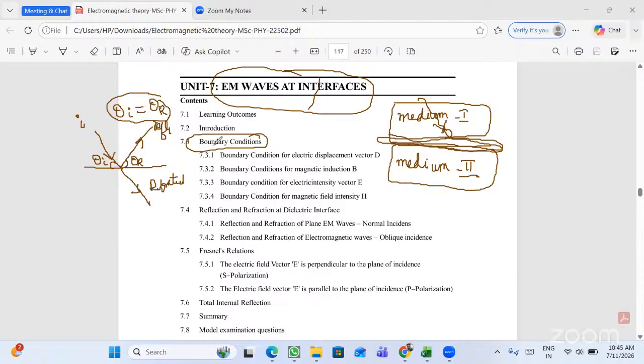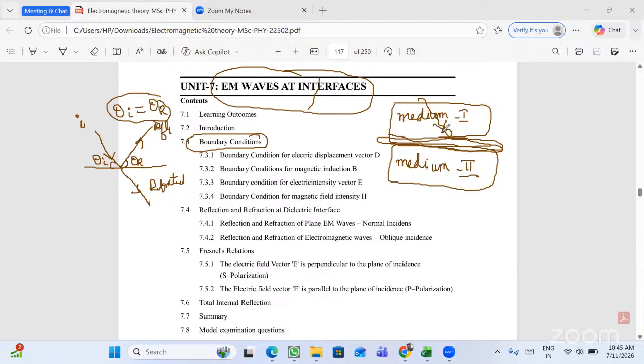Here we will have medium one and medium two. In medium one we will have certain electrical properties, and in medium two we will have different electrical properties.